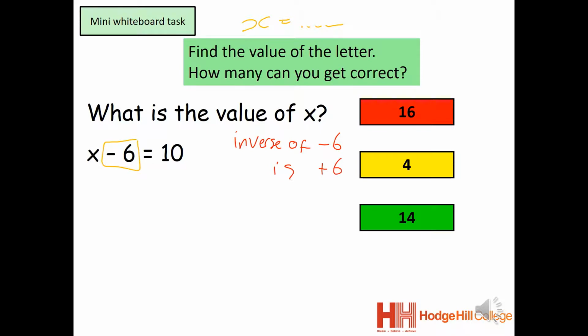So I'm just going to add 6 to both sides. Negative 6 add 6 will give me 0, and that leaves me with x, and 10 add 6 will give me 16. So our final answer for our solution of this equation is x equals 16. On the right hand side, 16.